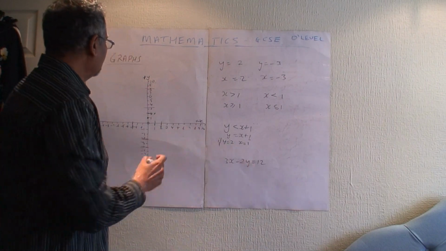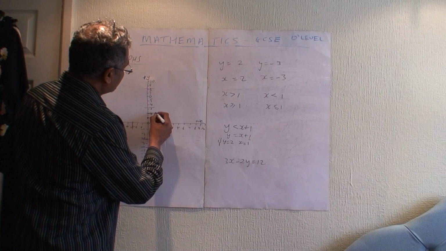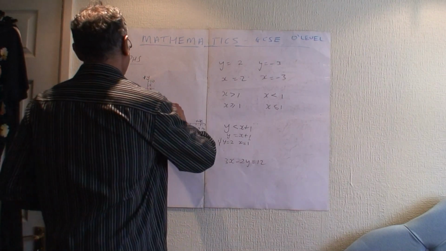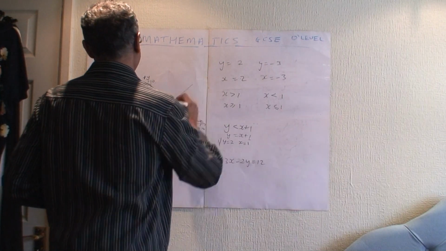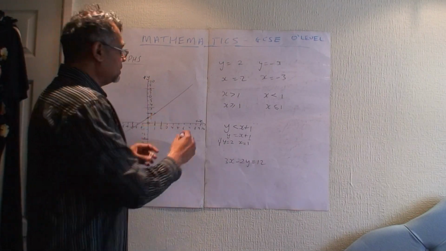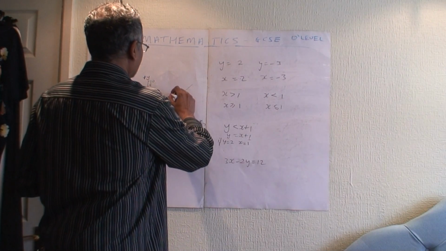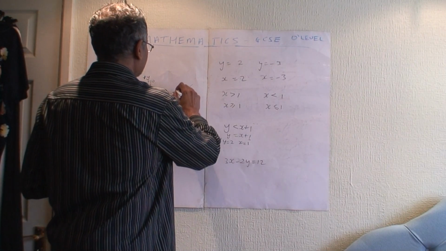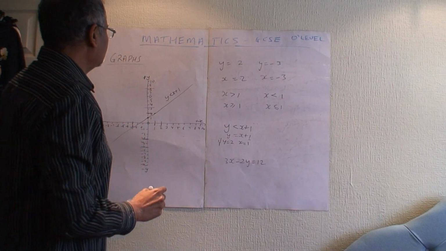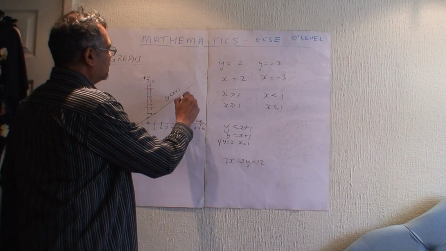So what we can do is draw a line like that. And so the equation of this line is y is less than x plus 1, and of course if it is less than, it's pointing in this direction.